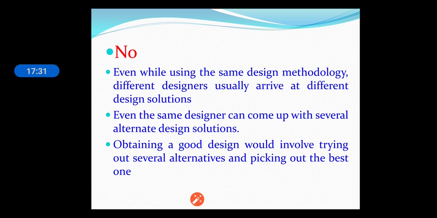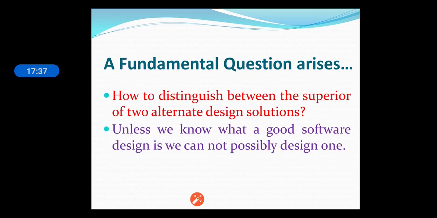That is, how to obtain a good design solution from these various alternatives. That is the fundamental question: how to distinguish the superior of two alternate design solutions. Unless we know what a good software design is, we cannot possibly design one.